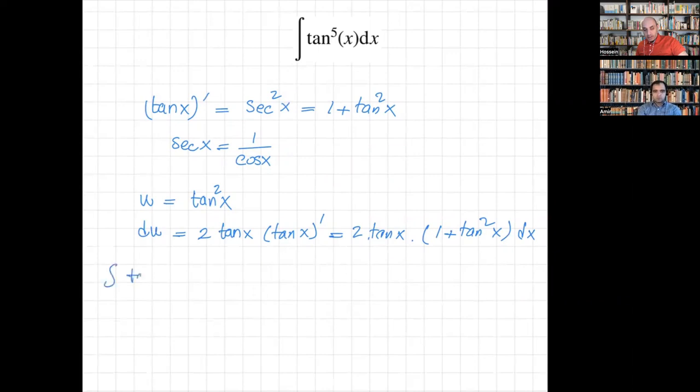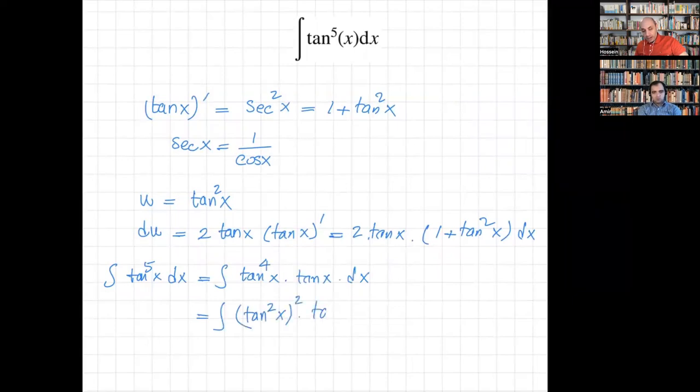So the integral is the integral of tangent of x to the power of 5 dx. I'm going to rewrite that as tangent to the fourth times tangent of x times dx, and then rewrite that again as tangent squared of x to the power of 2 times tangent of x times dx.